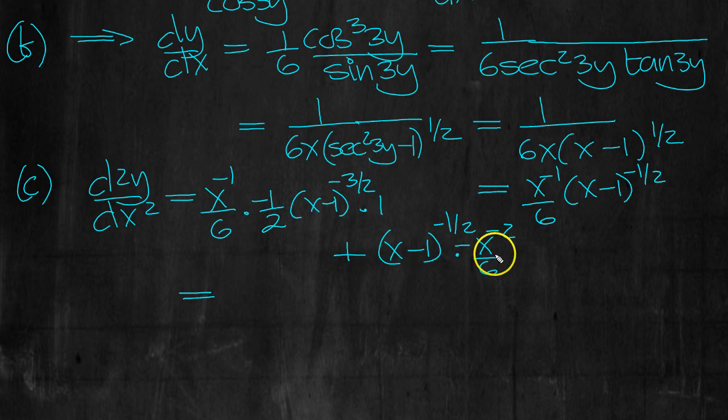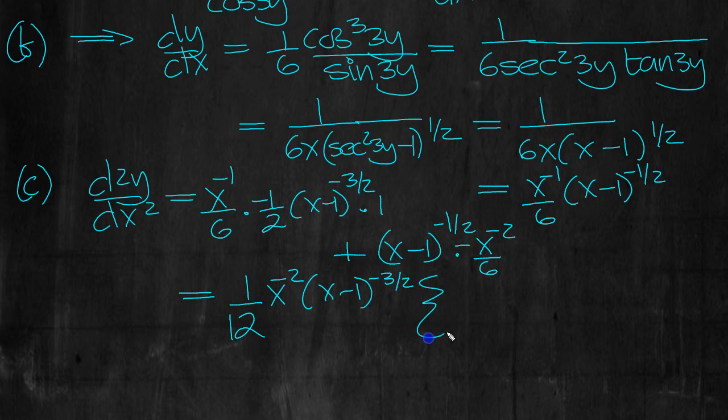we can take that out, and we can take the x minus 2 out, can't we? So I'm going to take a 12th out, and we're going to take an x minus 2 out, and an x minus 1 to the minus 3 over 2 outside a bracket. Now here, to get x minus 1, we're going to need an x. Everything else is fine.